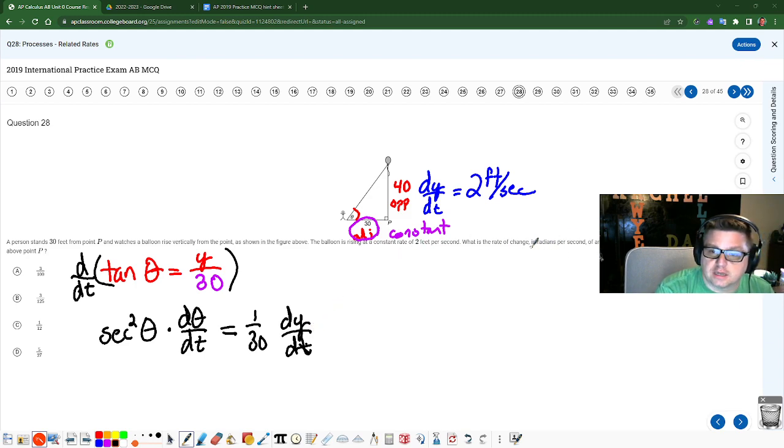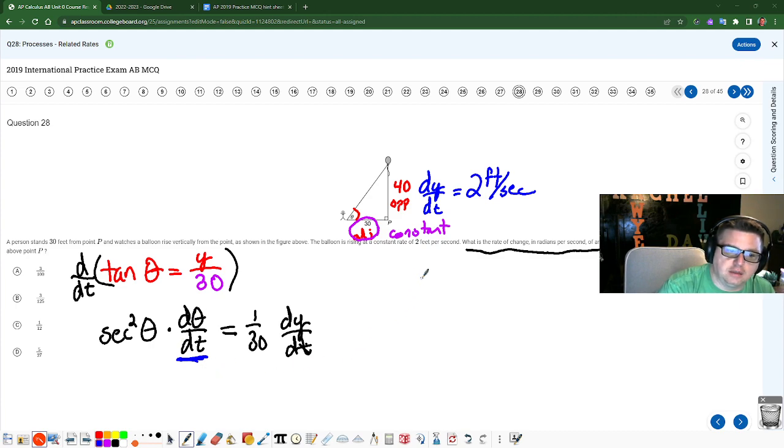Now, the question asked us, what is the rate of change in radians of the angle? So we're looking for d theta/dt. This is what we are solving for. So in that case, we can start to isolate the d theta/dt.